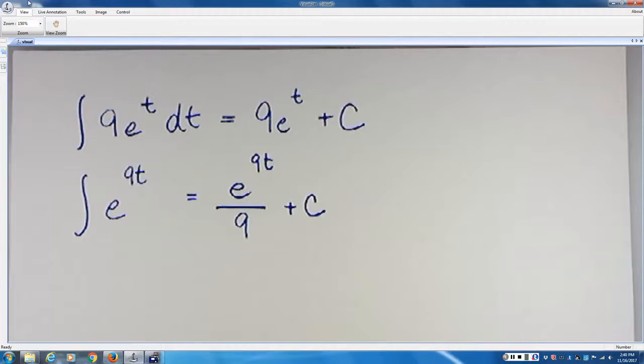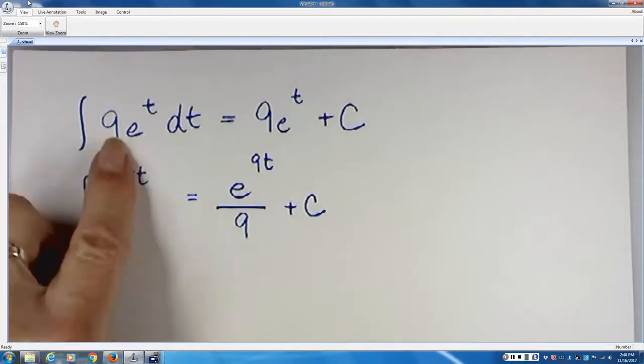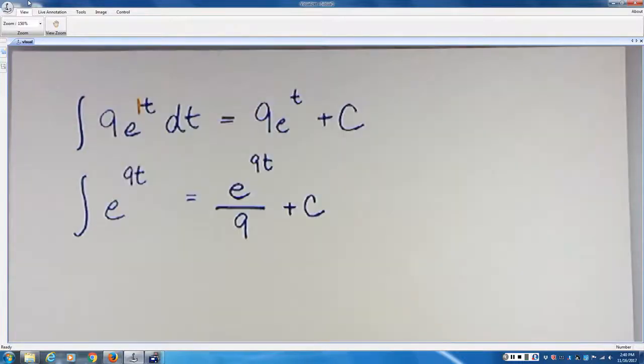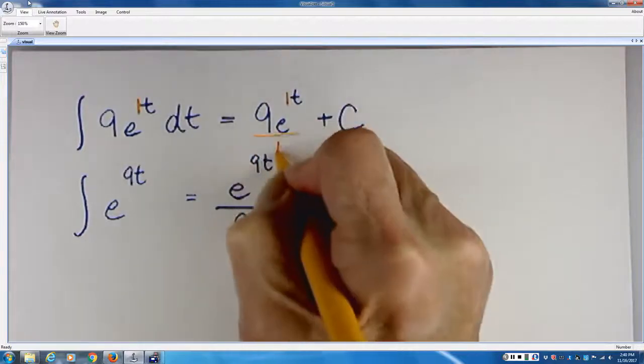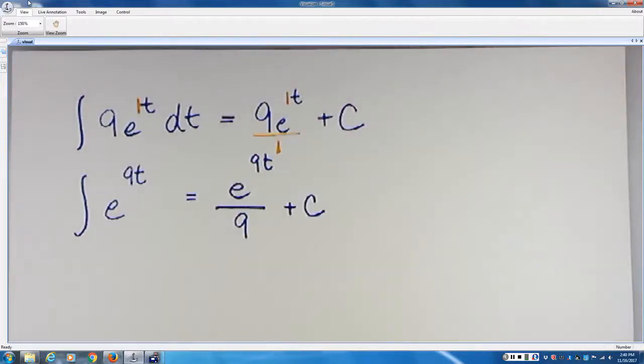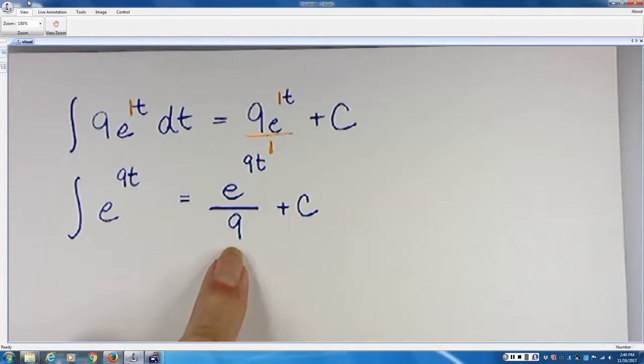And if you think about it, we're really not doing anything differently with 9e to the t, because there the number in front of t was 1. So if we kept that 1 and then divided by the 1, it didn't change anything. But if it's not a 1, then it does change things. So you need to just kind of think of it that way.